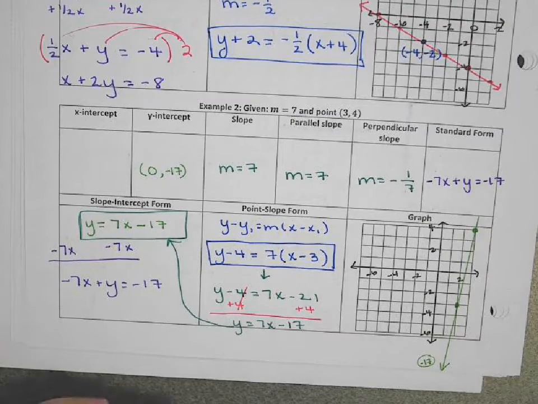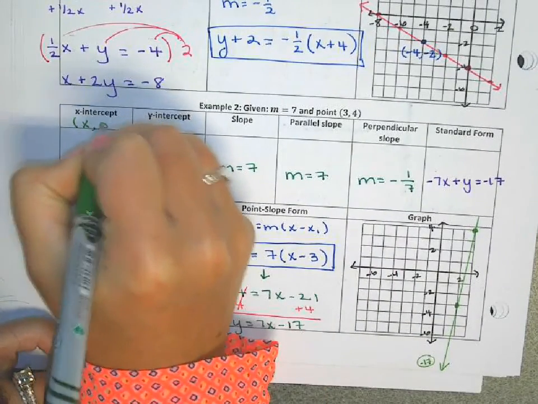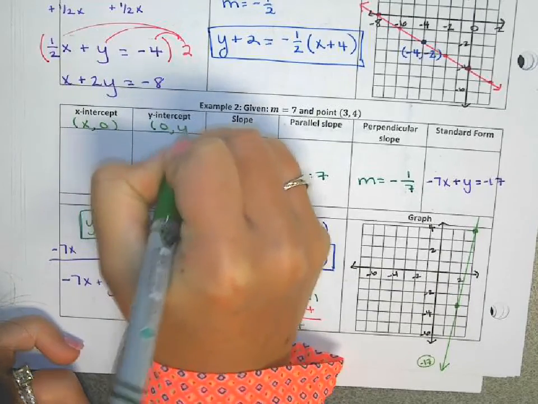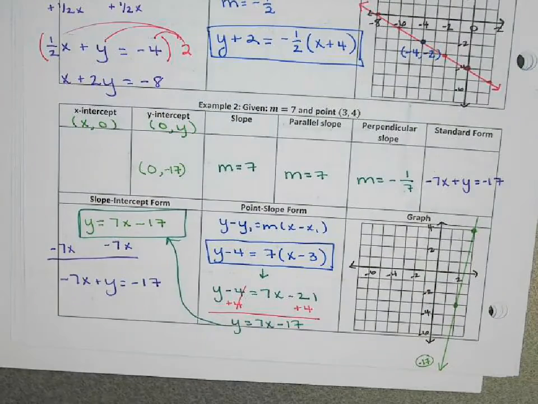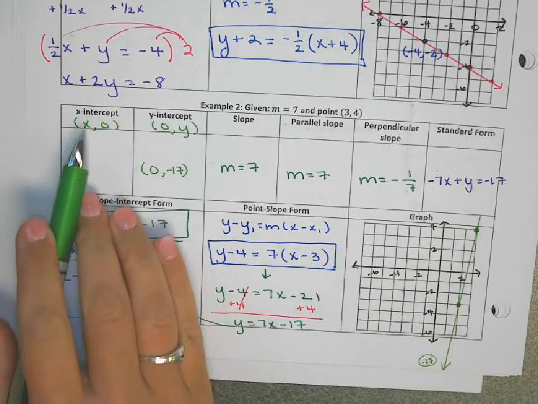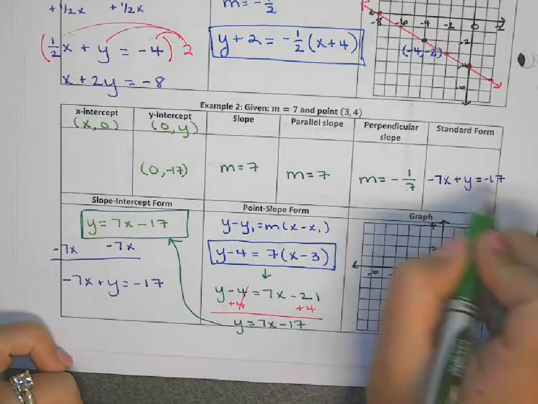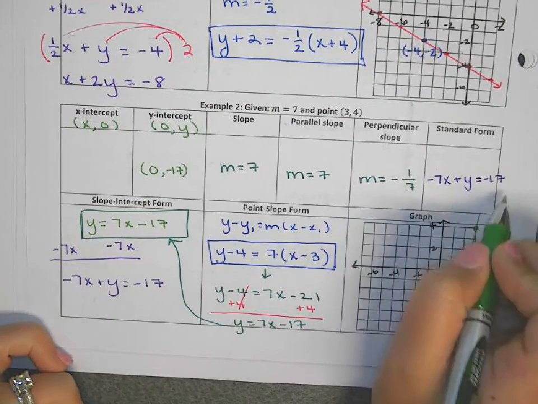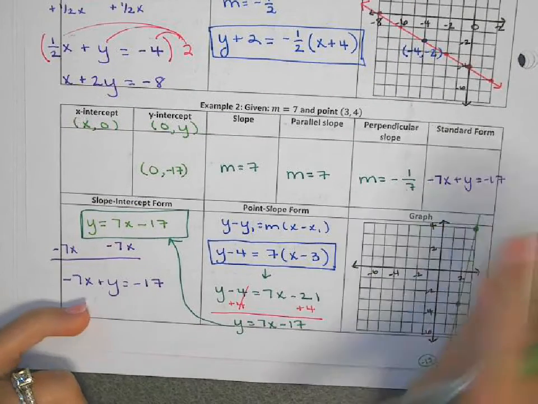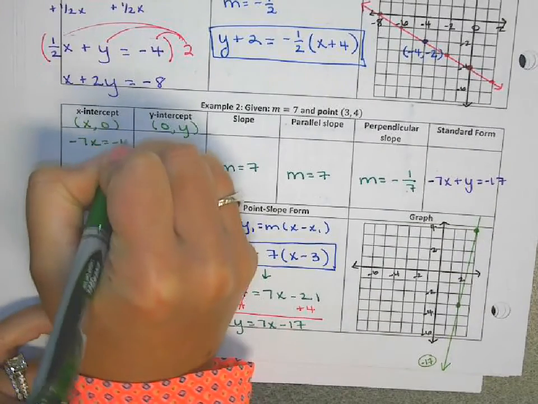Now remember, your x-intercept is at x comma 0. Your y-intercept is at 0 comma y. Okay, so on this one, if we don't know what x is, that's okay. I would plug it in here to my standard form, because if you plug in 0 for y, we're going to have -7x equals -17.